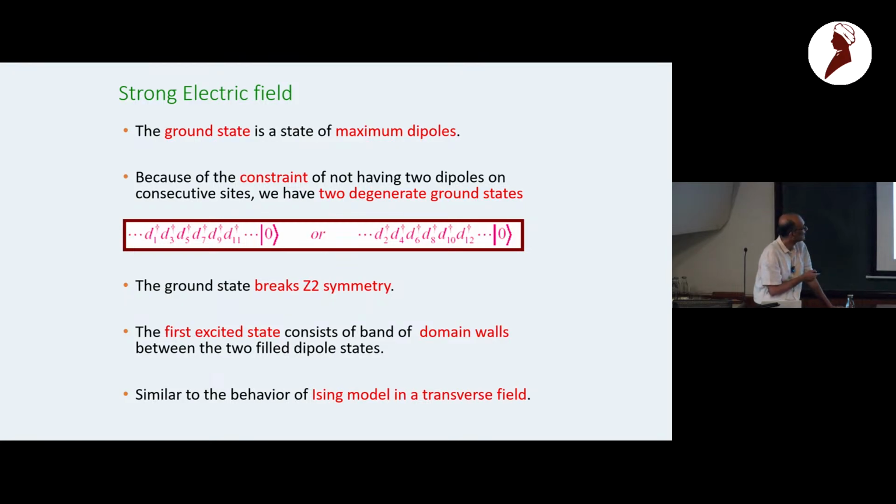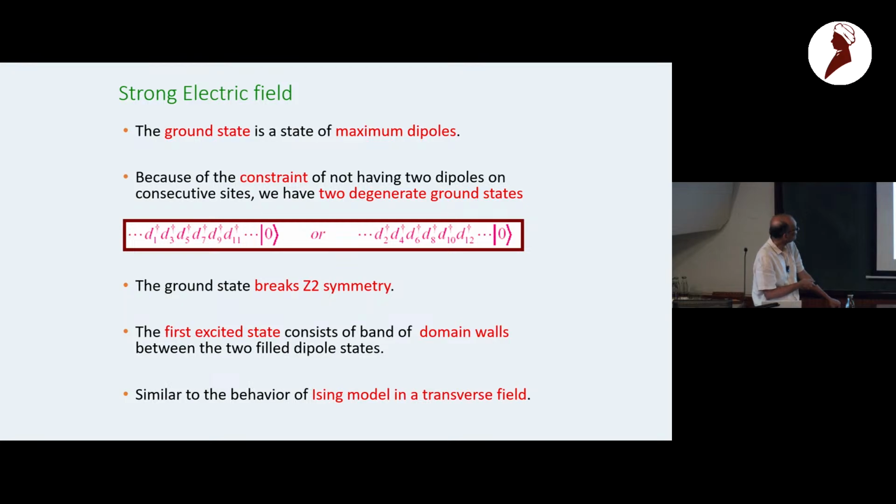And therefore, this is exactly similar to an Ising model, where in the ferromagnetic state you can have all up spins or all down spins, and it really doesn't matter which configuration you choose. So this ground state, which spontaneously chooses one of these, breaks a Z2 symmetry. It's exactly like an Ising ferromagnet breaking a Z2 symmetry by choosing all up or all down states.